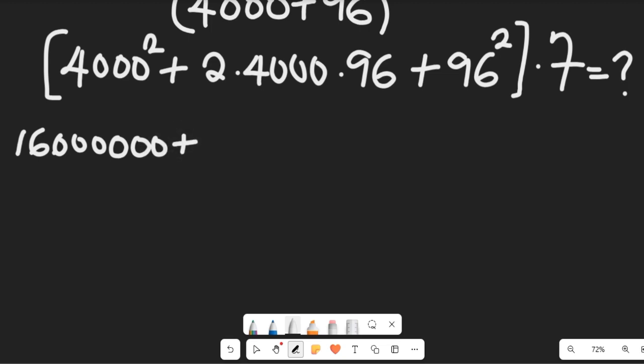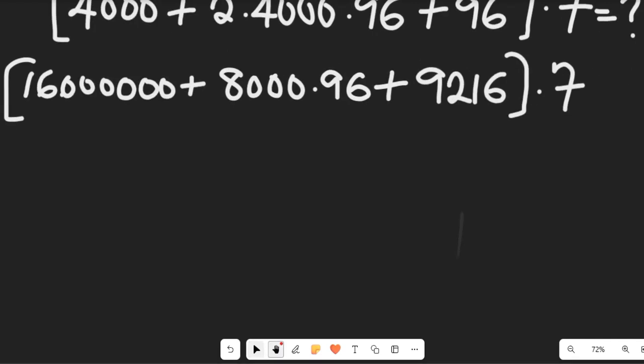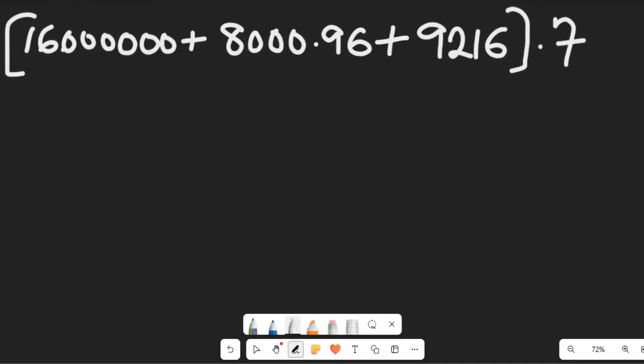Plus 2 times this will give me 8000 multiplied by 96, plus 96 squared is going to give me 9216, and all of these will be multiplying what? 7.